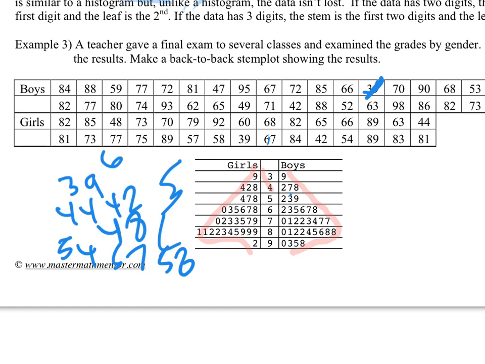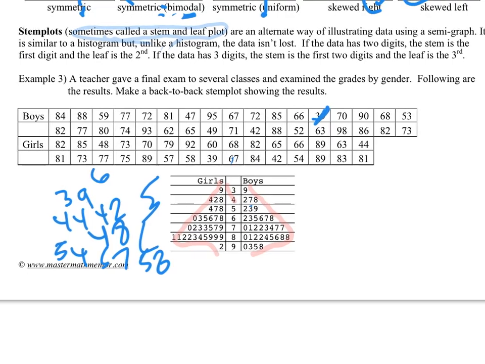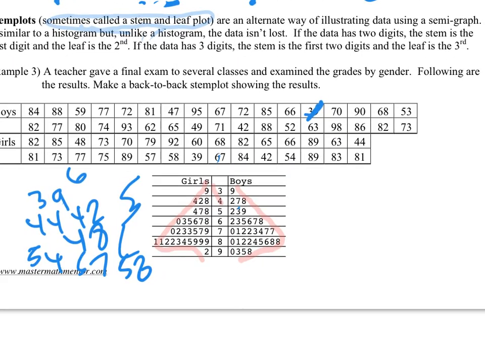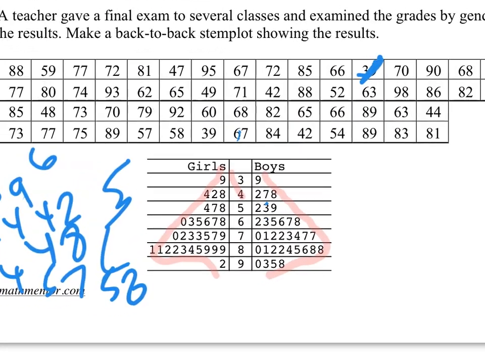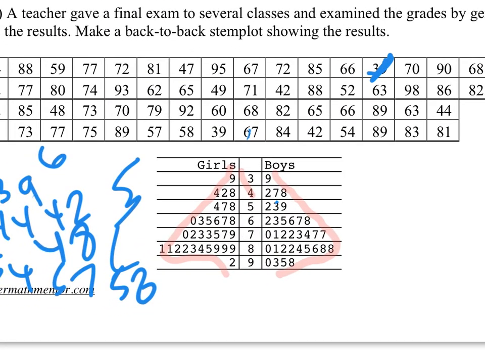By the way, what was this for? What were we graphing here? It says, final exam given to several classes, examine the grades by gender. So if I was really a betting man, I wouldn't see a whole lot different between the boys and the girls on this test, except more boys scored in the 90s than girls.